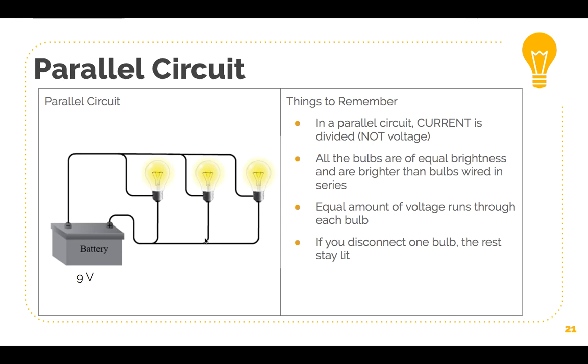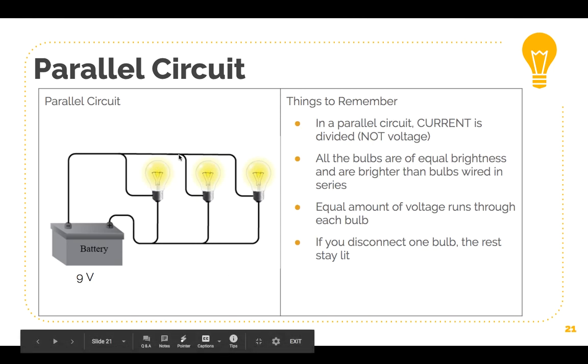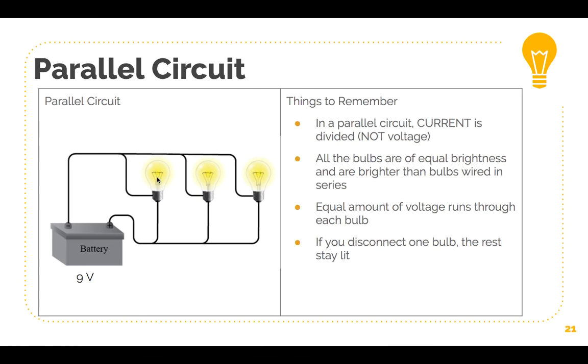So for example, if I disconnect this first bulb here, and I completely chop that wire, closed off that wire, you still have a complete loop between bulb 2 and bulb 3 going back to the battery. So even if you disconnect one, the other 2 bulbs in this parallel circuit will stay lit.